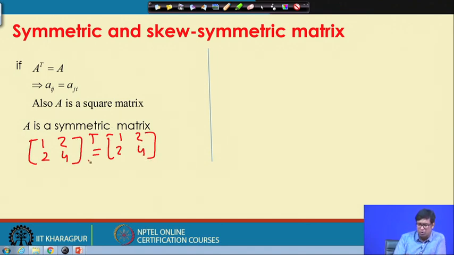Of course, the matrix must be a square matrix, because if the matrix is n into m, the transpose will be m into n. A transpose equals A is only possible when the matrix is square.